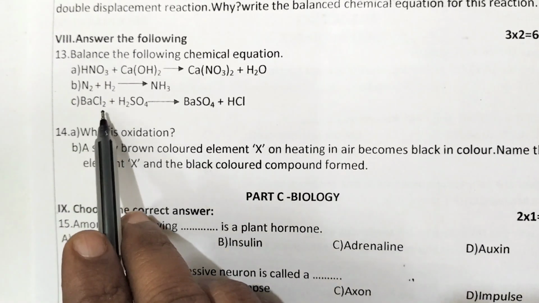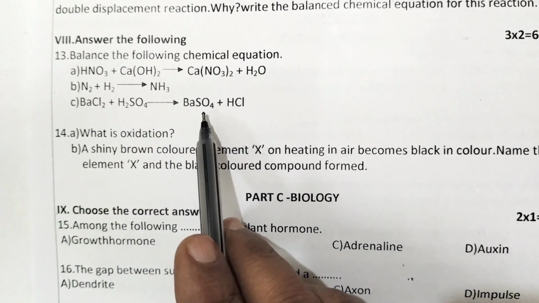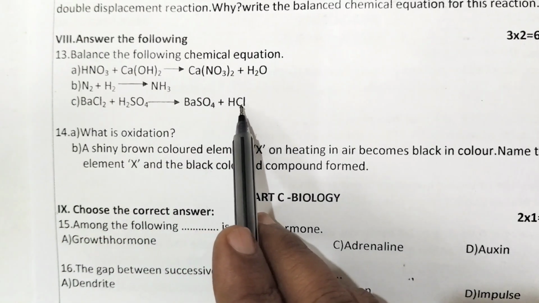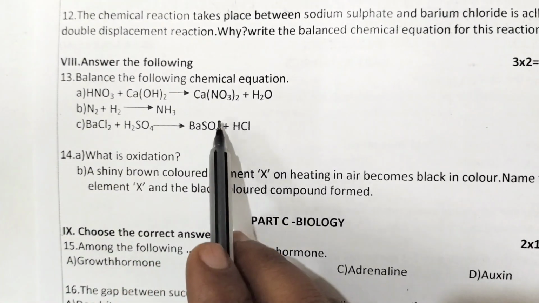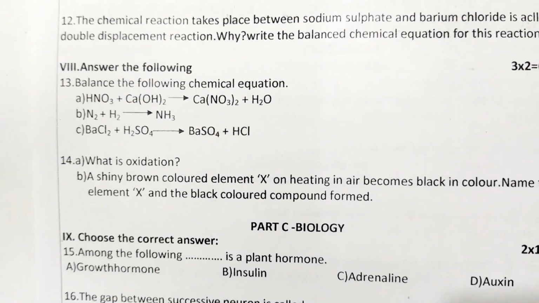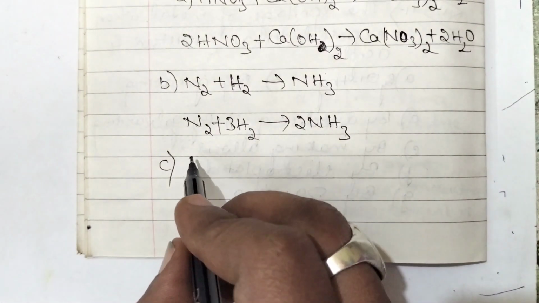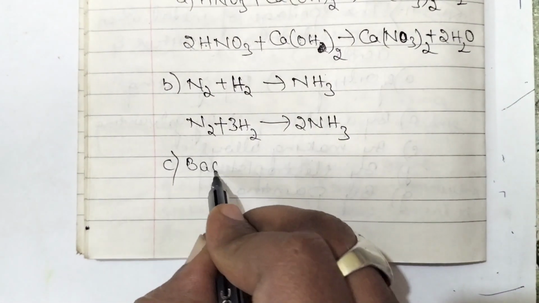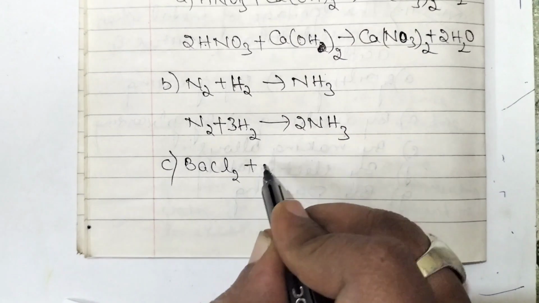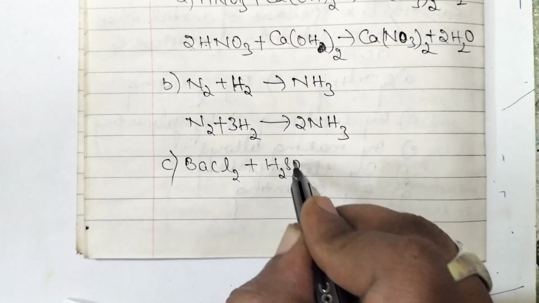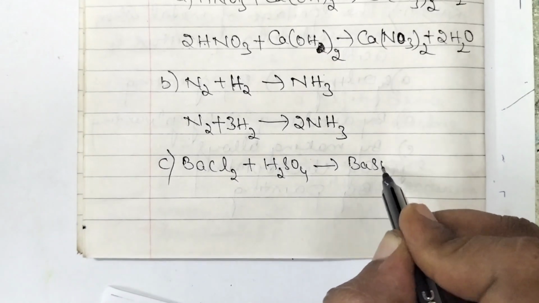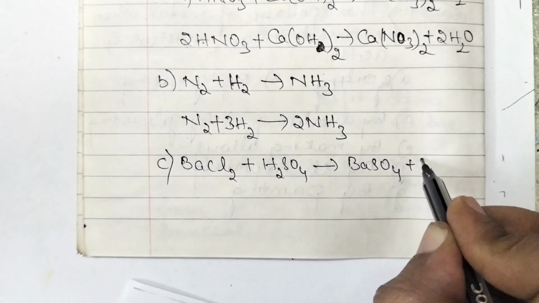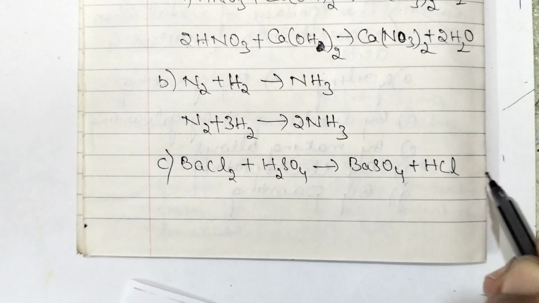BaCl2 plus H2SO4 gives rise to BaSO4 plus HCl. So barium chloride, when it reacts with sulfuric acid, forms barium sulfate and hydrochloric acid. So the equation is BaCl2 plus H2SO4, sulfuric acid, gives rise to BaSO4, that is barium sulfate, plus hydrochloric acid.